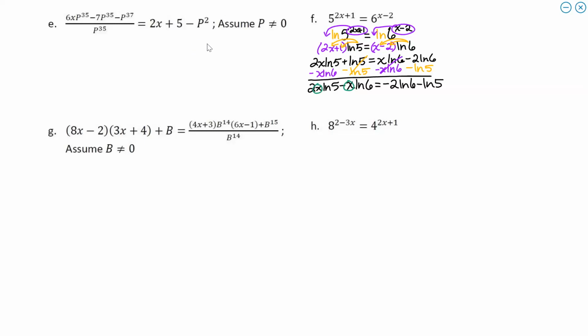So f inverse of x is equal to 1/2 x plus 9/2. What kind of function is that? It's a linear function. What is our domain for a linear function? Negative infinity to positive infinity, all real numbers.